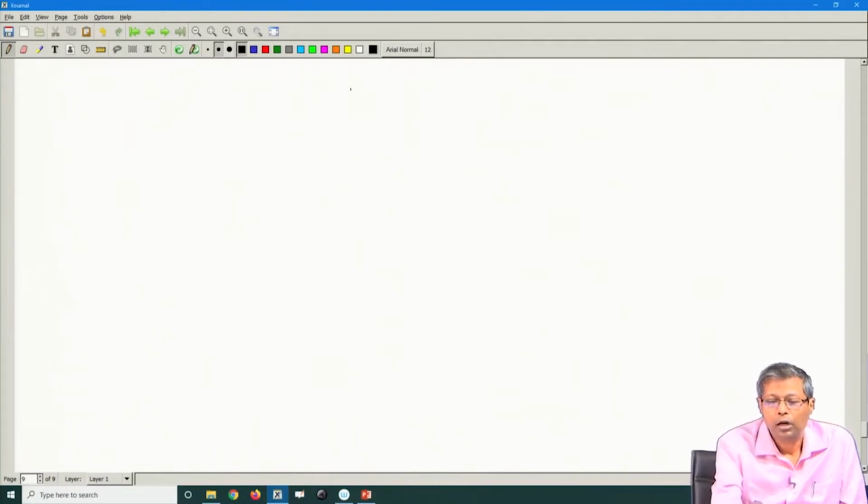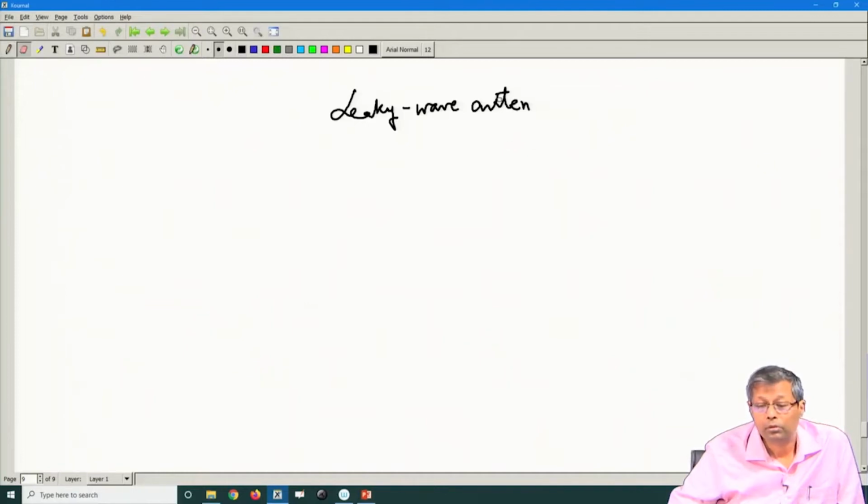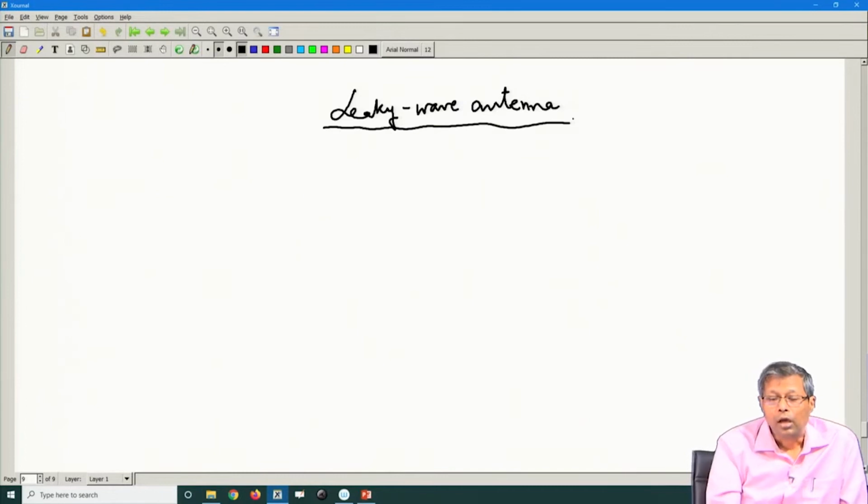I will give you an example, a leaky wave antenna. An example of a leaky wave antenna might be just a waveguide.